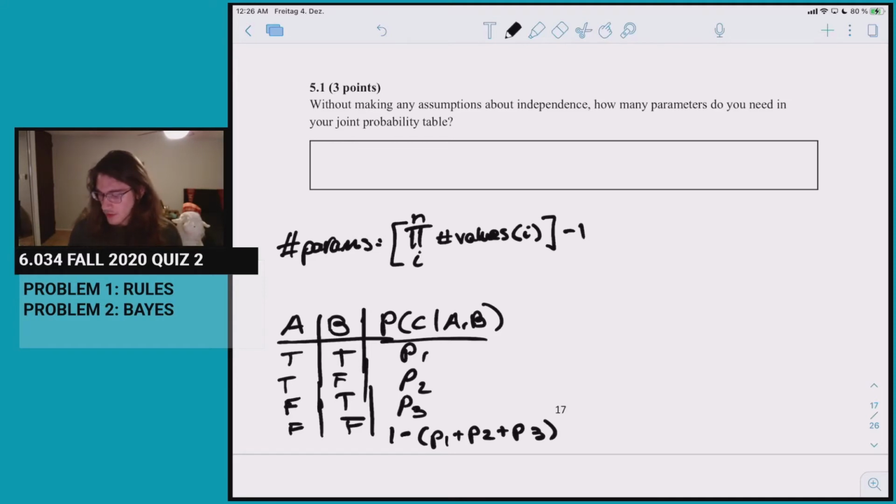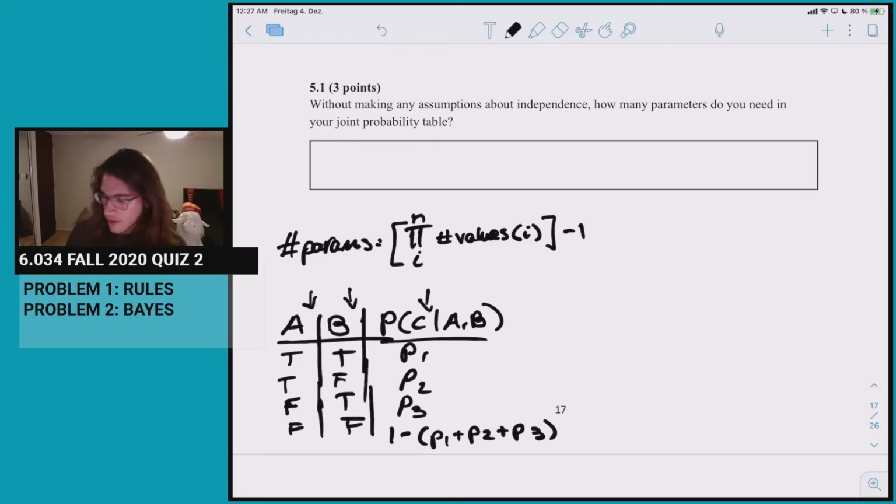So if I were asked how many parameters do you need, I know technically there are 3 variables, but I'm using two of them to help me predict the third one. So the possible values of C aren't really factored into this calculation, because in reality the constraining factor is A and B. Because there are 4 possible combinations, it's 2 times 2 minus 1.